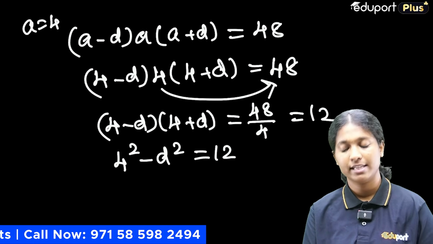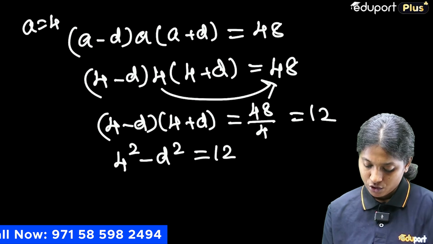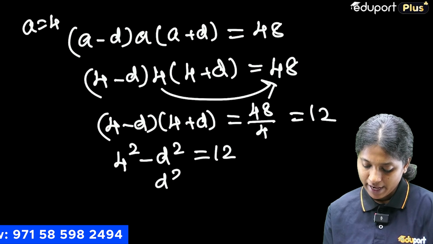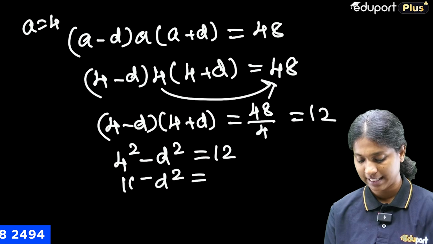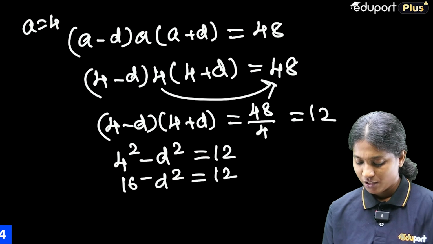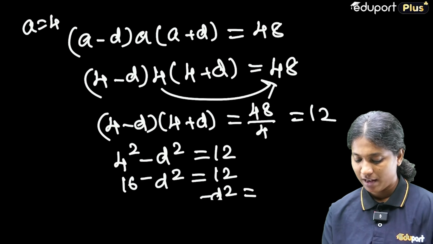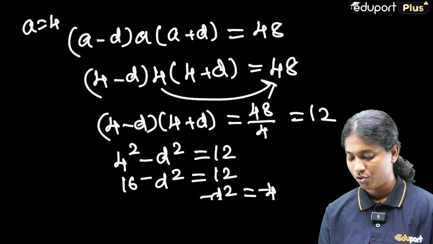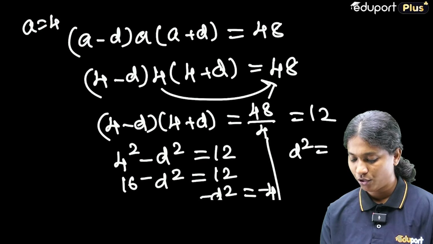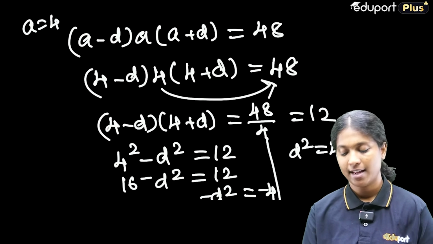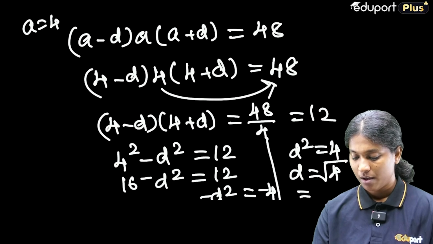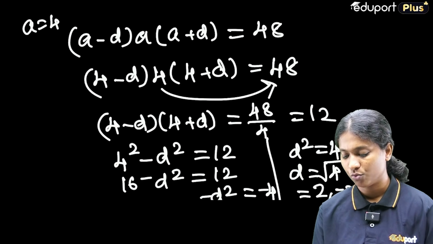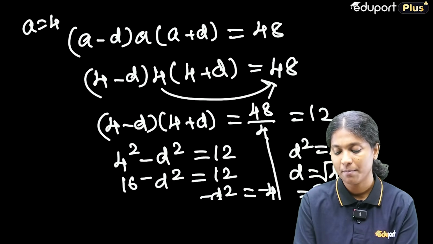So, minus d square is 12 minus 16, since 4 square is 16, which is minus 4. So, d square is equal to 4, minus cancelled. So, d is equal to root 4, which is 2 and minus 2. You will get d as 2 and minus 2.